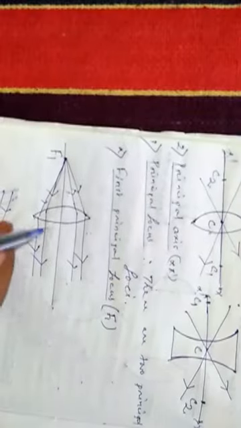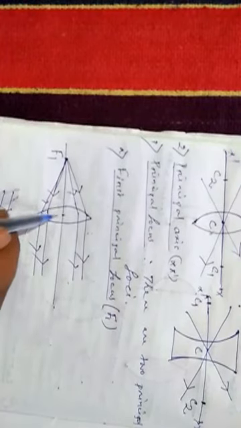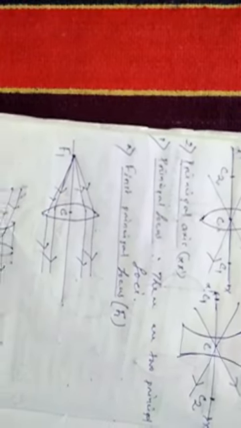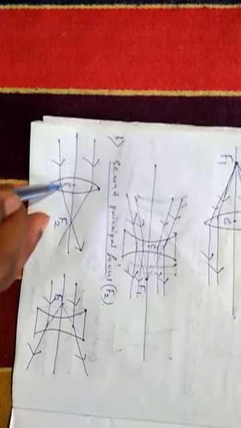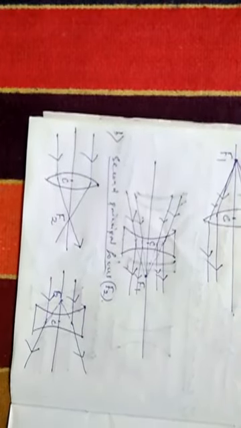So CF1 or CF2 is called focal length, where C is the optical center. So CF1 is focal length, or CF2 is focal length. So what is focal length? It is the distance between the focus and the optical center of the lens.